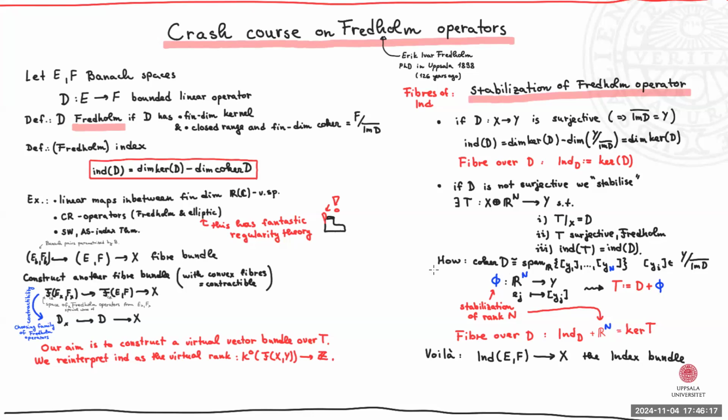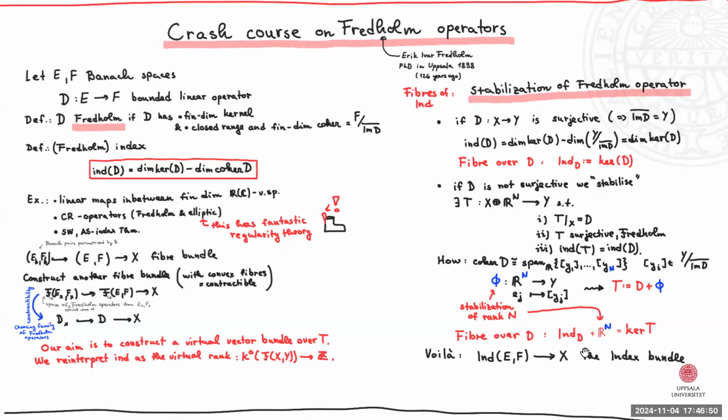And how do we construct such a fella? You realize that the co-kernel, by some Hahn-Banach theorem, can be represented as the span of these vectors, and then you write the stabilization of rank n of your operator by adding a linear isomorphism of two finite-dimensional vector spaces. You add them together, and that's your stabilized operator.